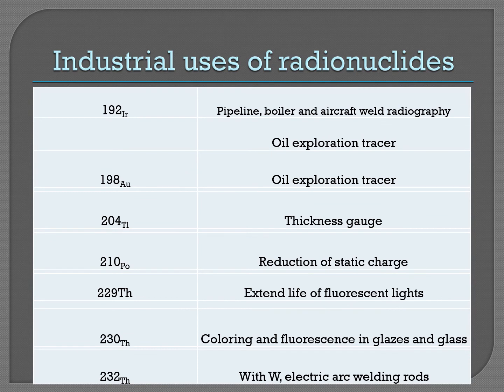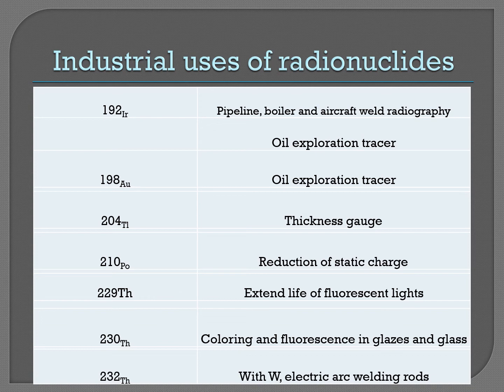Now we have some more radionuclides, and we have IR192. This radionuclide is being used in the pipeline, boiler, and aircraft weld radiography. It is also used as an oil exploration tracer.